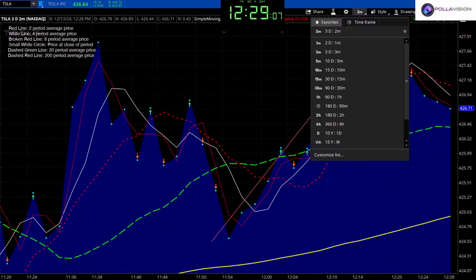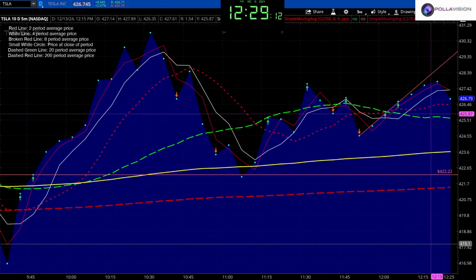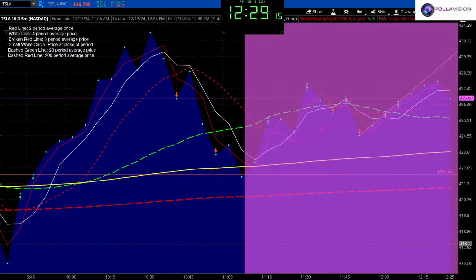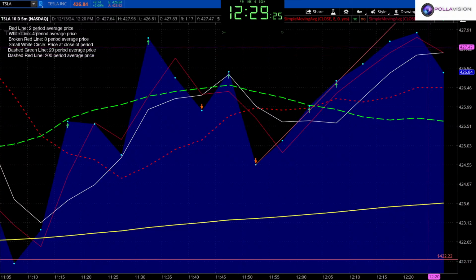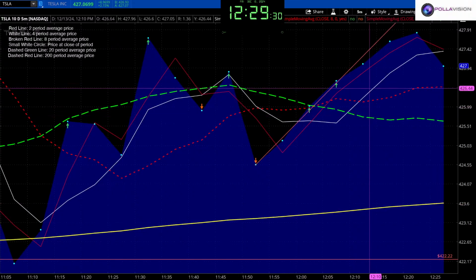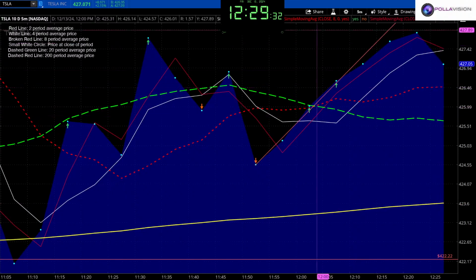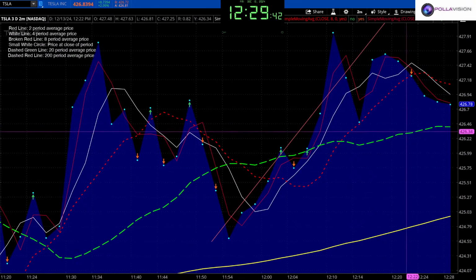Let's look at a 5-minute version of this. And if we look at the 5-minute version, 426.25 is the 8 simple moving average. So the 2 is above the 4 is above the 8 is above the 20 is above the 100. 426.48. 426.28 is right here.